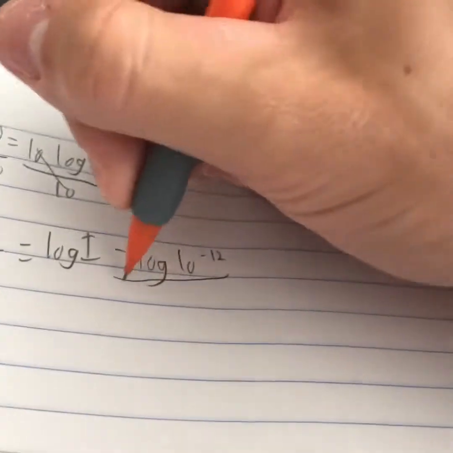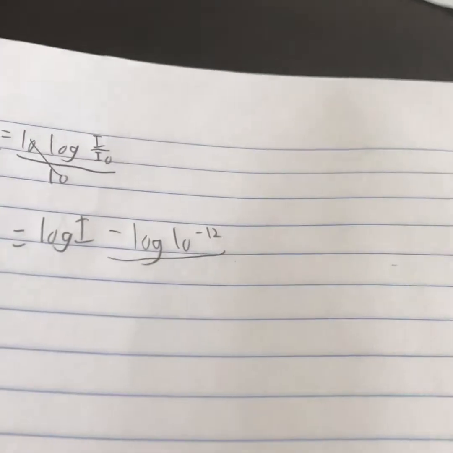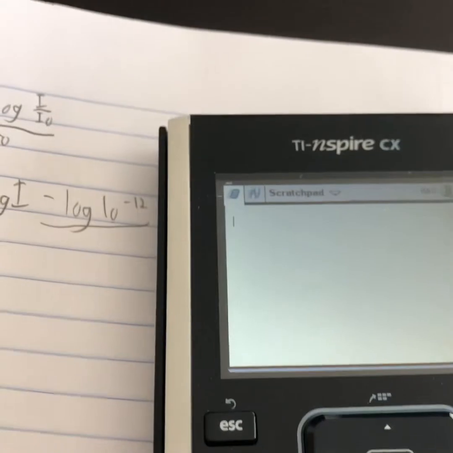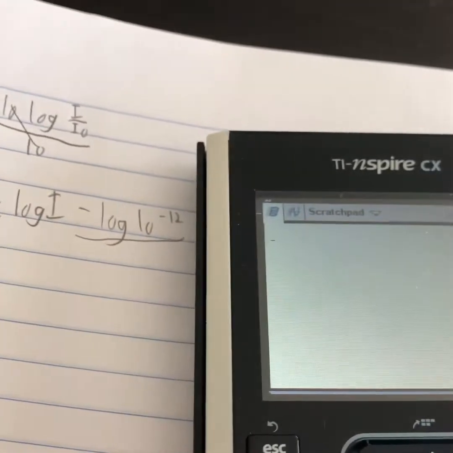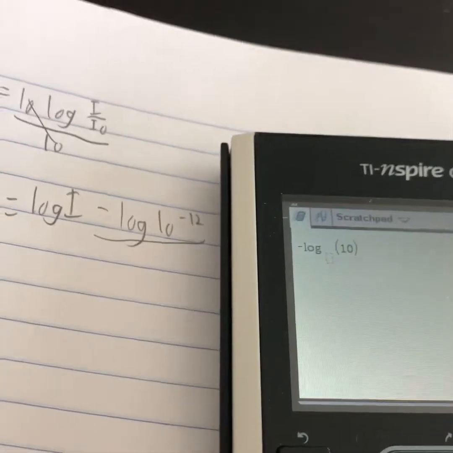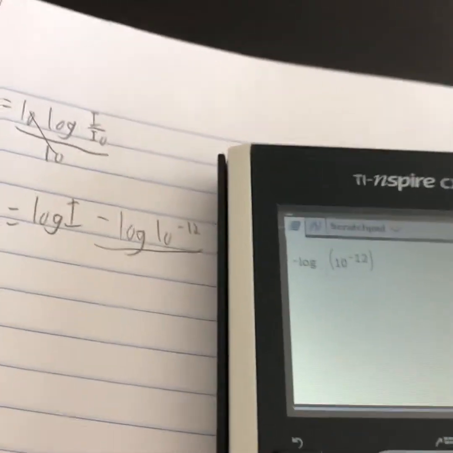And then real quick, we'll go ahead and solve this part right here that I have underlined using our calculator. So it'll be negative log and then 10 to the negative 12. And that gives us 12.